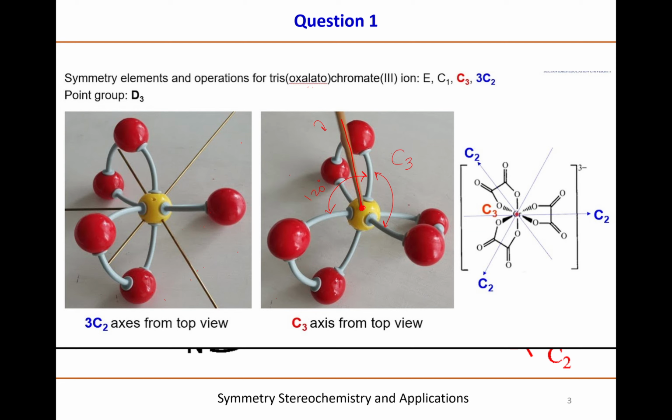Now let's talk about the subsidiary axis. I hope this one is clear to all of you, right? Here we have the same molecule, but the axis is passing between these two molecules. I will tell you. Suppose this is a principal axis, so this is perpendicular to that axis.